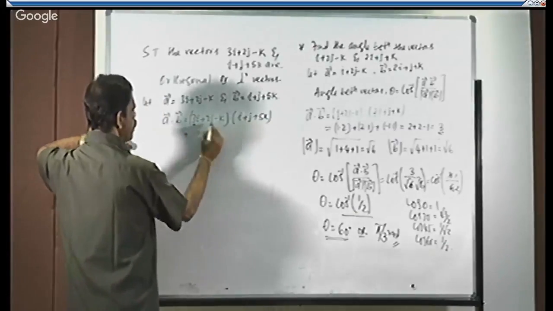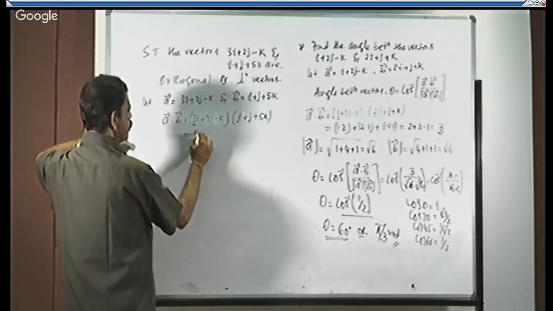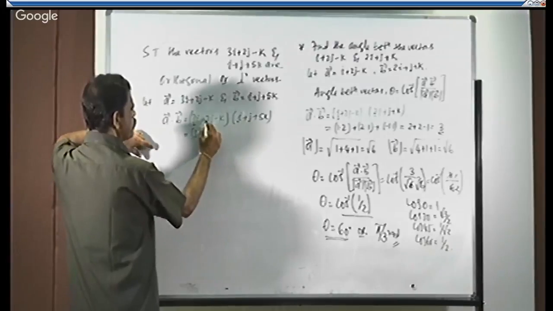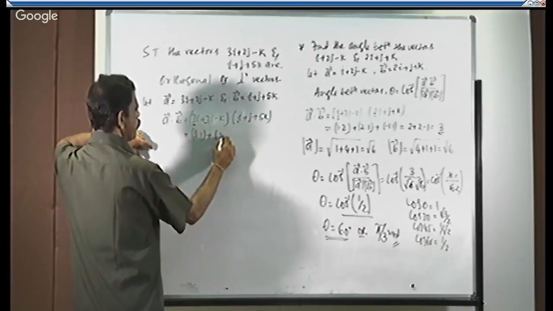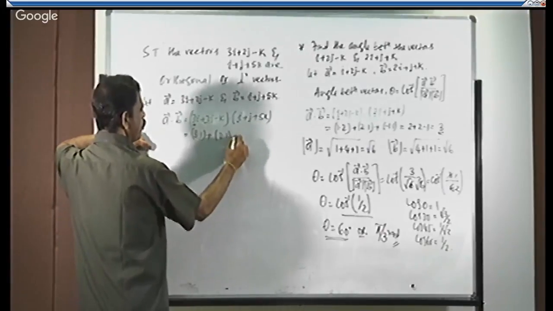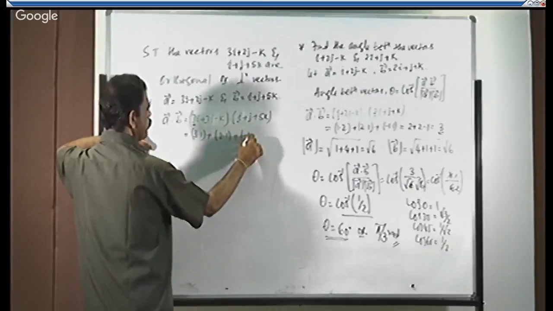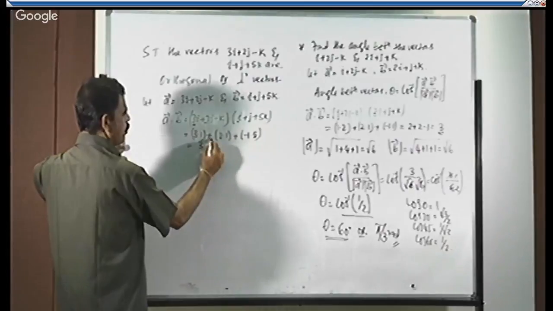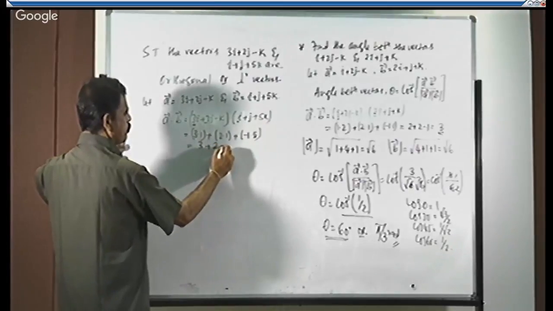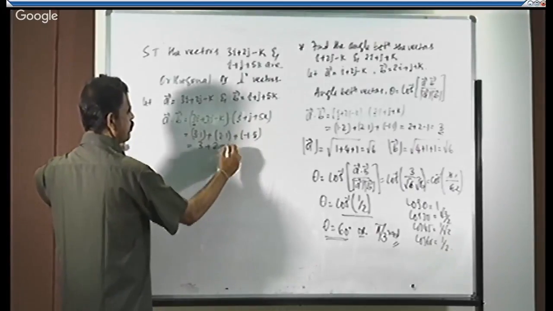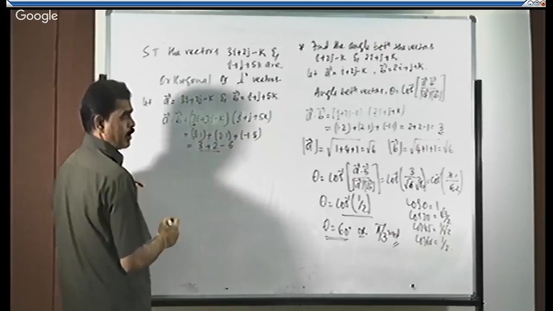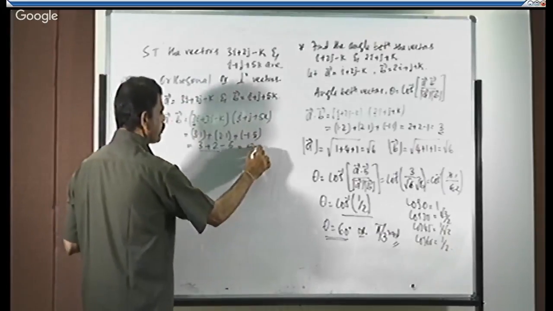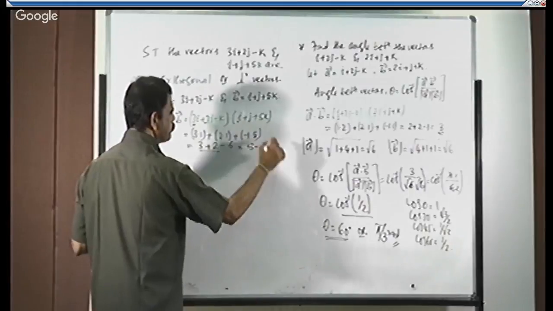That is equal to 3 into 1, plus j coefficient, 2 into 1, plus k coefficient, minus 1 into 5. That is 3 plus 2 into 1 is 2, plus minus 1 into 5 is minus 5. 2 plus 3 is 5, 5 minus 5, which is equal to 0.